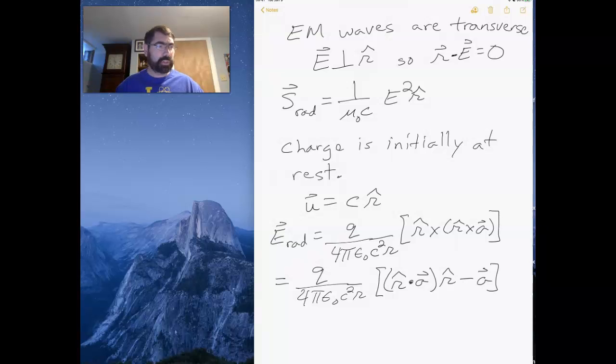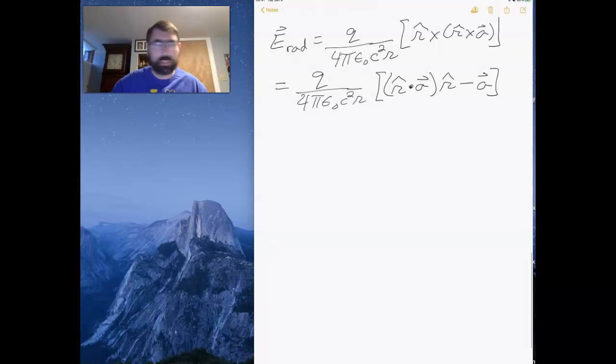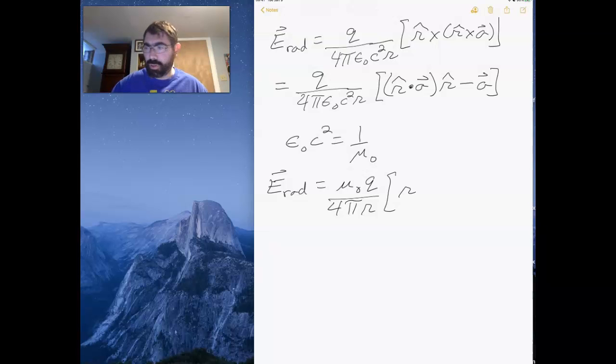Now I'm going to try and clean things up a little bit and say that epsilon naught times c squared is 1 over mu naught. So I can now write this as mu 0 times the charge over 4 pi r, times r hat dot a in the r hat direction minus a, like so.